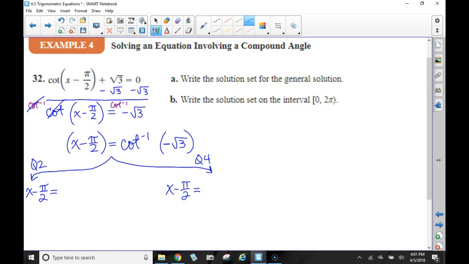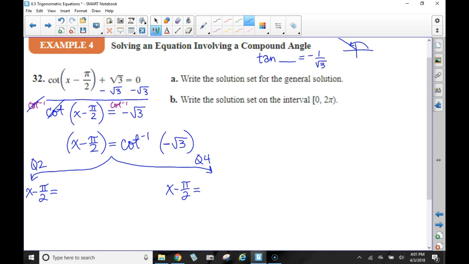Okay? Let's think about this. In quadrant 2, you need to give me that angle that has a cotangent value of negative square root of 3. It's going to be the same angle that has a tangent value of negative square root of 3's reciprocal. Okay?